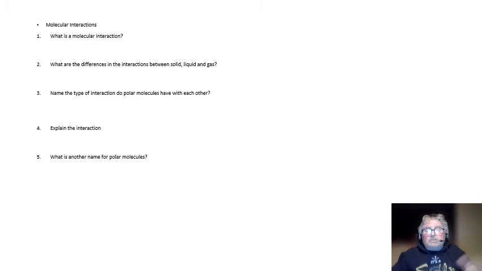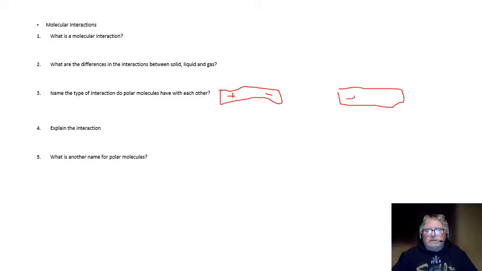The first one, which is the easiest one, is polar with polar. Polar molecules have a plus and minus end, and that's electrical. They're kind of like magnets. If you put them together, the negative end of one molecule is going to line up with the positive end of another one. Okay?